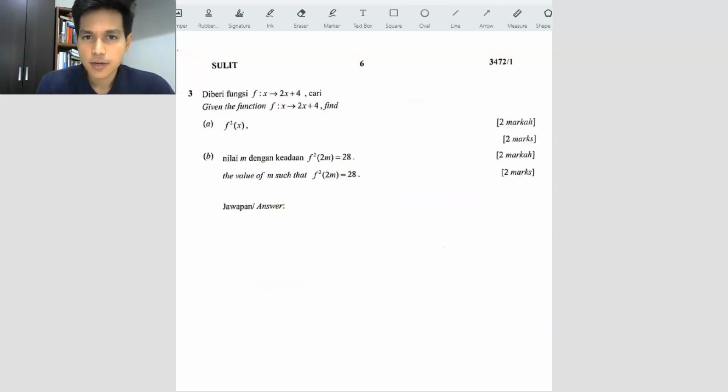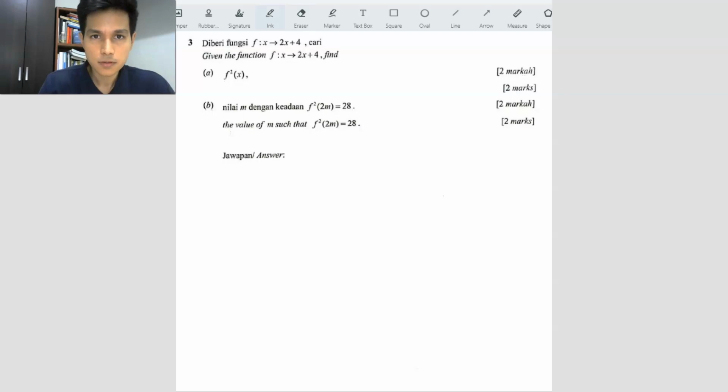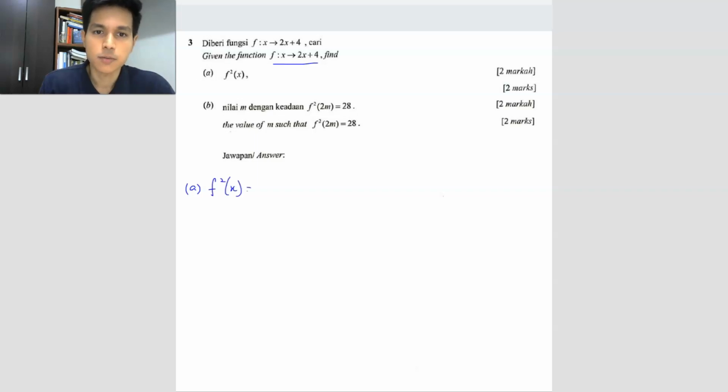Given the function f(x), they gave you the function here. They ask you to find f squared, question A. What does f squared mean? It's the same as f of f(x), right?